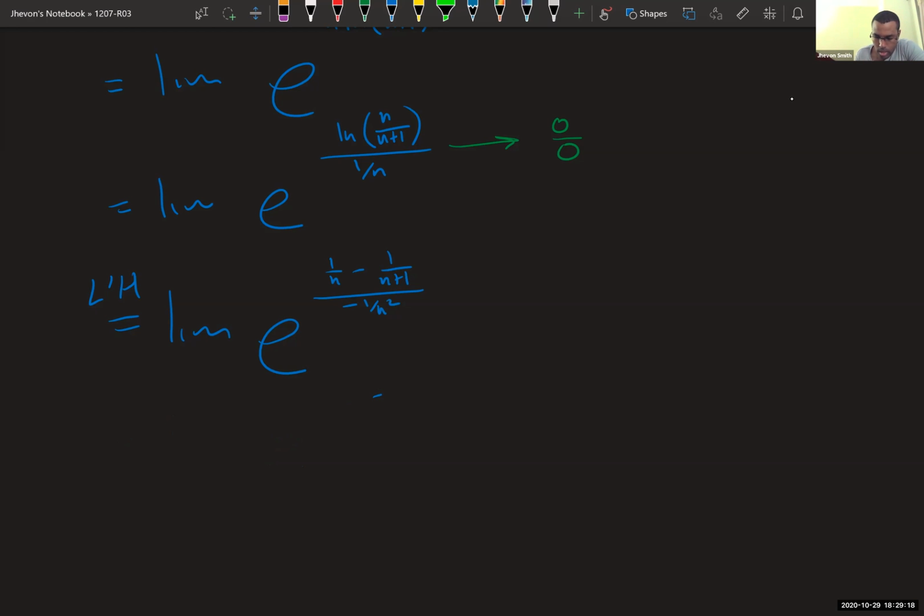I think in my head, what was I doing? I think I thought of that as ln of n minus ln of n plus 1 in the top, differentiated each part. Let's keep, I think I probably want to rewrite this a little bit nicer, but let's think of it like this.